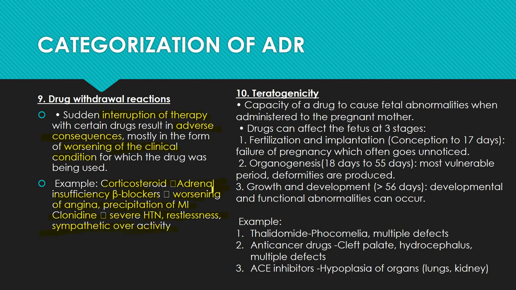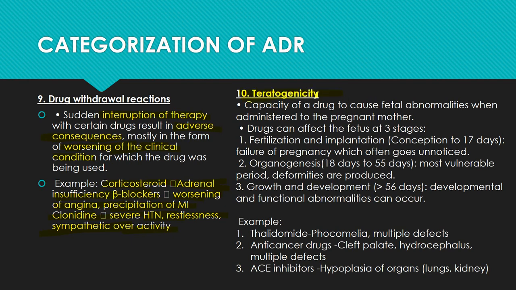So here you can say corticosteroid is causing what? Adrenal insufficiency. Beta blockers causing worsening of angina. Then precipitation of myocardial infarction. Clonidine causing severe HTN and restlessness, sympathetic overactivity. So these are the conditions that are caused due to drug withdrawal reactions.